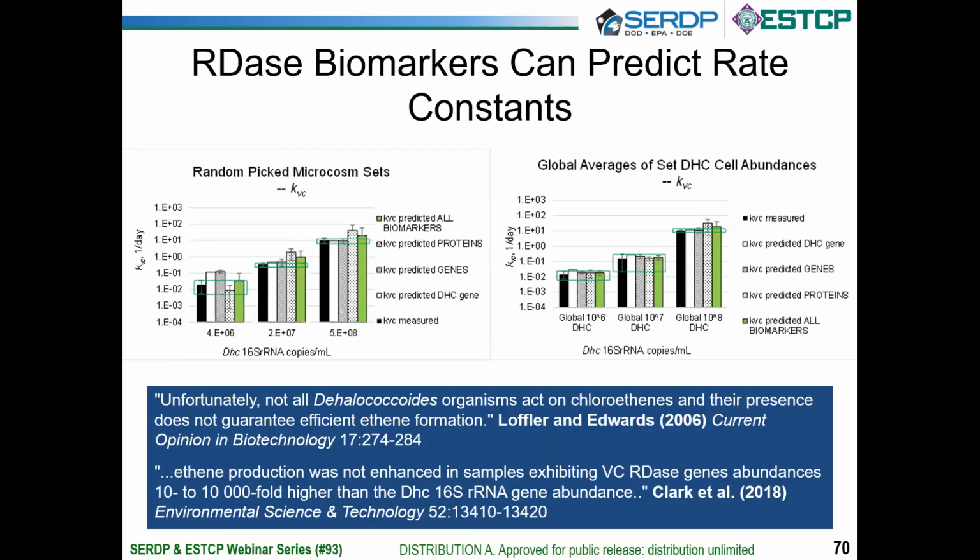So on slide 70, a couple of things to consider here is that although both genes and proteins did a decent job in this study, which was a positive finding in terms of their rate predictive capability, we know based on published literature that elevated concentrations of DHC gene abundance doesn't necessarily translate to good ethene production in the field. And likewise, elevated abundances of reductive dechlorination functional genes in proportion to DHC cell abundance likewise doesn't necessarily translate to good ethene production in the field.